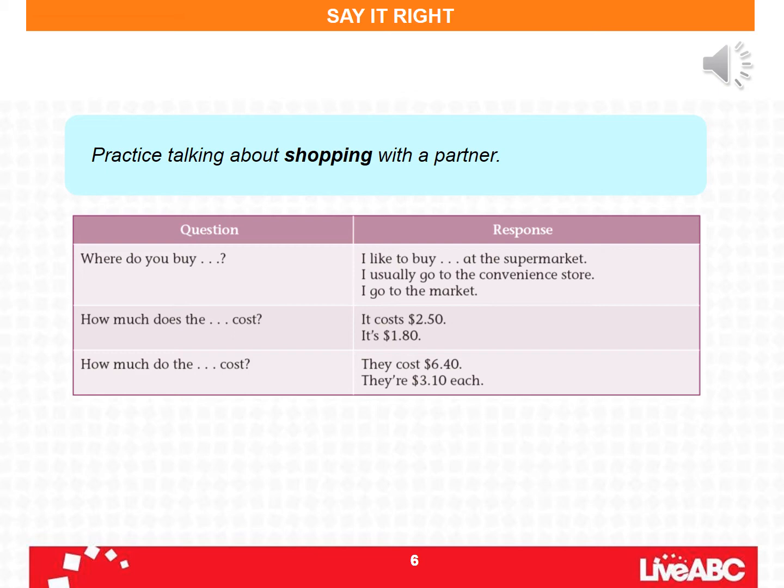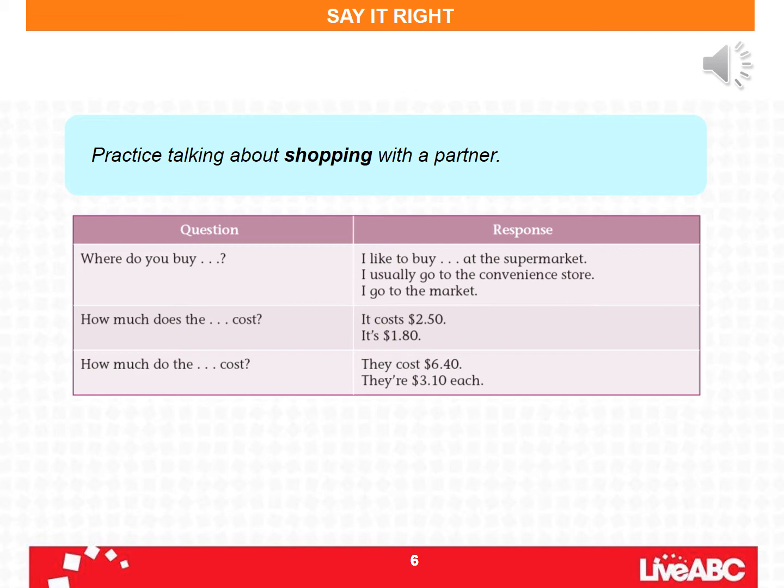So you can answer according to the question. Then for prices, when we are asking prices, we have to say, how much does the cheese cost? And you can answer, it costs $2.50, or you can say it's $1.80. So when you have this particular question like how much, it means that the person is asking for prices, okay?